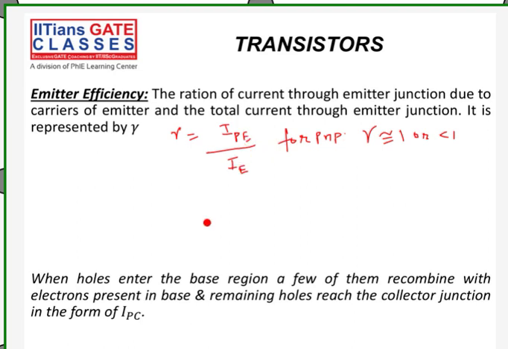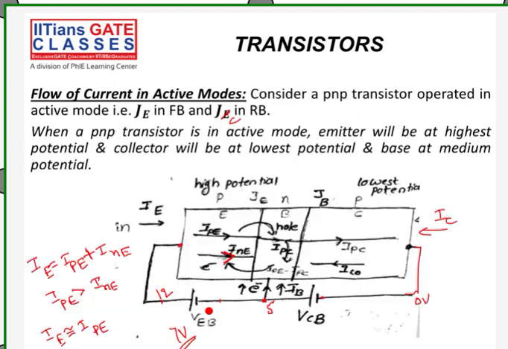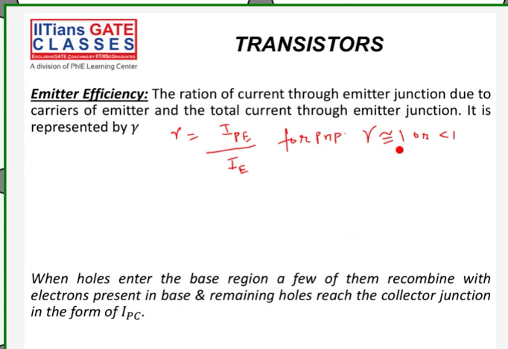In the previous slide I have written, IE is approximately equal to IPE. So we can say gamma is approximately equal to 1, but it is not exactly 1, it is slightly less than 1. So this is for PNP transistor. If I talk about NPN transistor, I will write gamma will be equal to INE divided by IE.